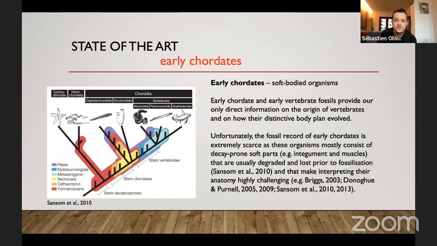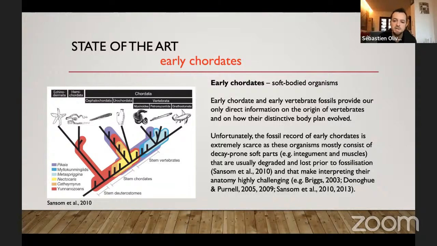Early chordates and early vertebrate fossils provide our only direct information on the origin of vertebrates and on how their distinctive body plan evolved. Unfortunately, the fossil record of early chordates is extremely scarce, as these organisms mostly consist of decay-prone soft parts that are usually degraded and lost prior to fossilization.